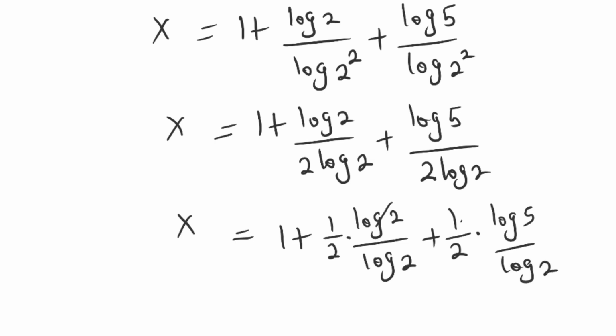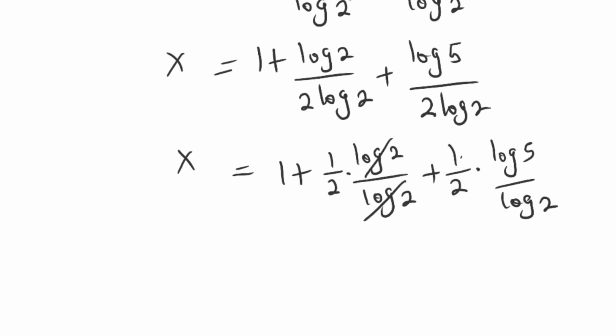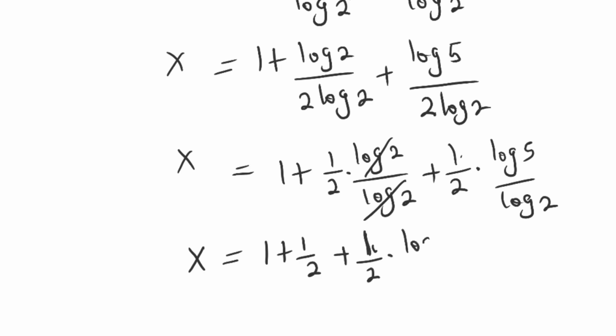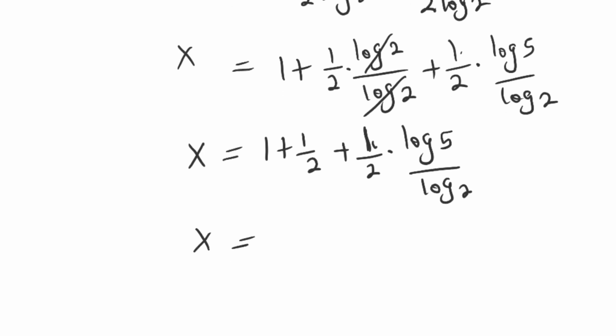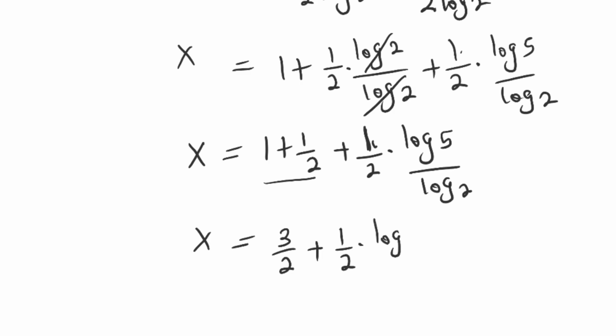This log 2 cancels this log 2. S is equal to 1 plus 1 over 2 plus 1 over 2 multiplied by log 5 over log 2. Then S is equal to, this can be written as 3 over 2 plus 1 over 2 multiplied by log 5 over log 2.